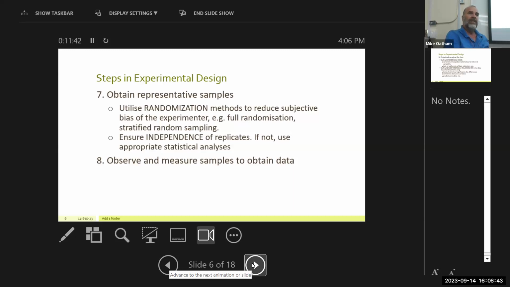Okay? Some ways in which we can reduce that randomization which is needed is by maybe doing stratified random. So that is an example where you have two different, say, habitats. You know that they're different, okay? But if you did a random sample, you would probably need to take more samples than you would necessarily need to adequately represent both habitats.